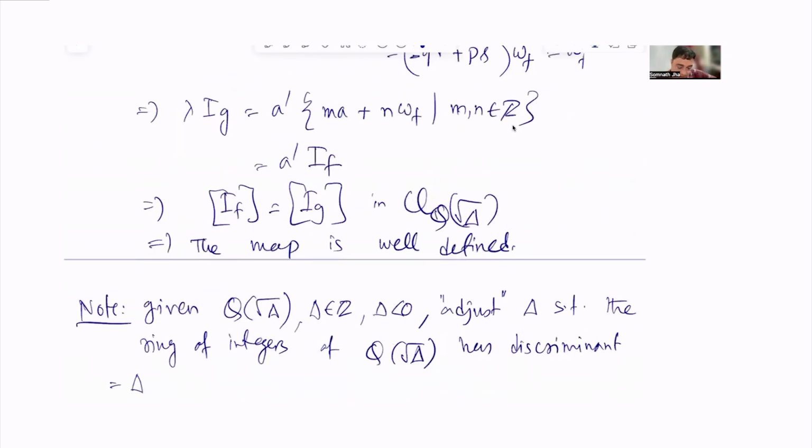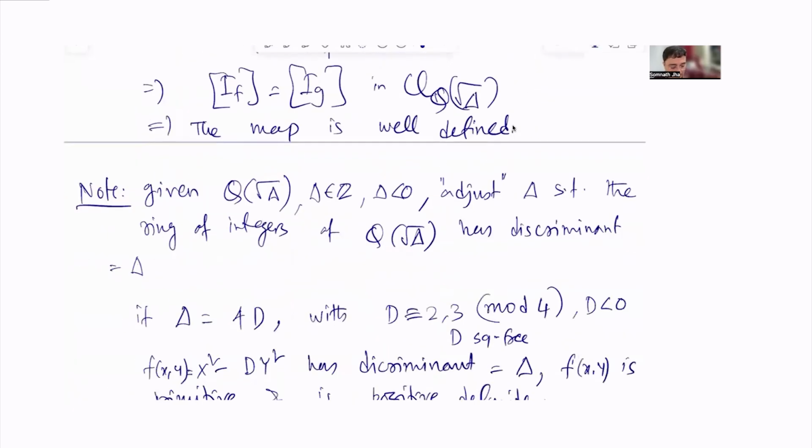By the way, a small comment: suppose you start with Q root delta, where delta is in Z and delta is less than 0. You can massage delta in a way so that the ring of integers of Q root delta has discriminant equal to delta.